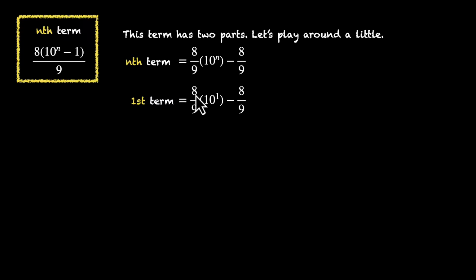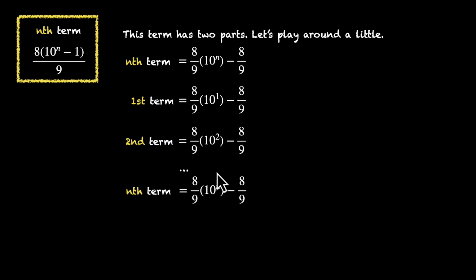So the first term will be 8 by 9 times 10 to the power 1 minus 8 by 9. Notice that this 8 by 9 is not changing. The second term is 8 by 9 times 10 square minus 8 by 9. The nth term will be 8 by 9 times 10 to the power n minus 8 by 9. So this is the changing part and this is the fixed part. And we have successfully separated both of them.